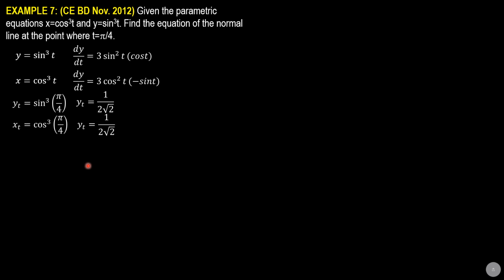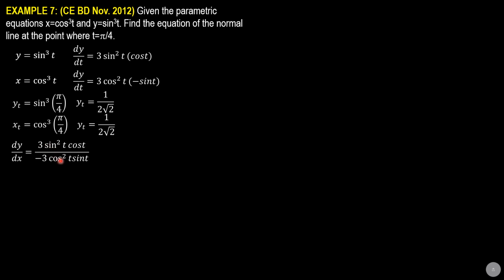Then substitute into the formula dy/dx, which is dy/dt over dx/dt. So 3 sine squared of t cosine t over negative 3 cosine squared of t sine of t. Since they are equal, actually we can cancel sine and cosine, because they are equal when t is particularly pi over 4, but for other values they are not equal.